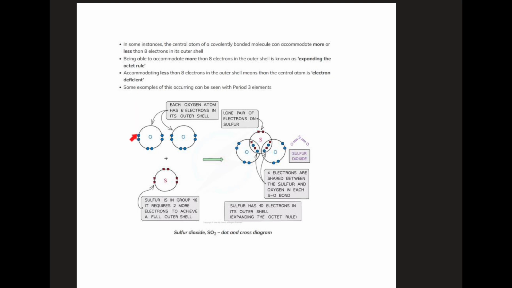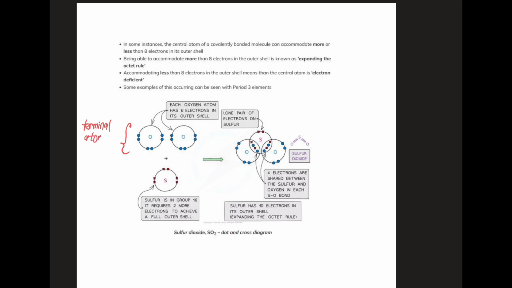Okay, so let's put more explanation on this. This is the central atom. So these two are the terminal atoms. Terminal atoms, right? The rule is they must achieve octet. Terminal must achieve octet. But the central can be octet, can be more than 8, can be less than 8. So remember that.